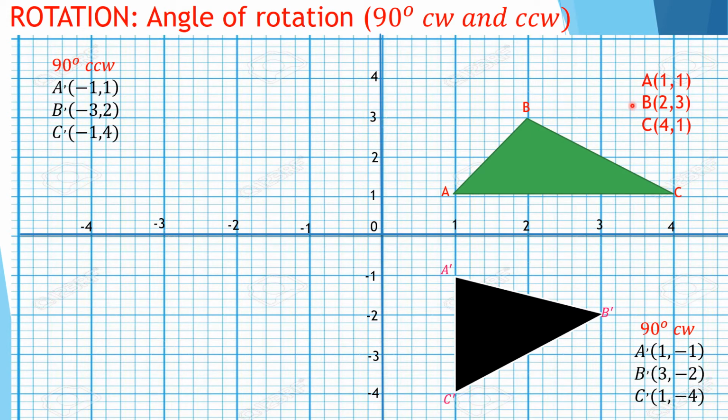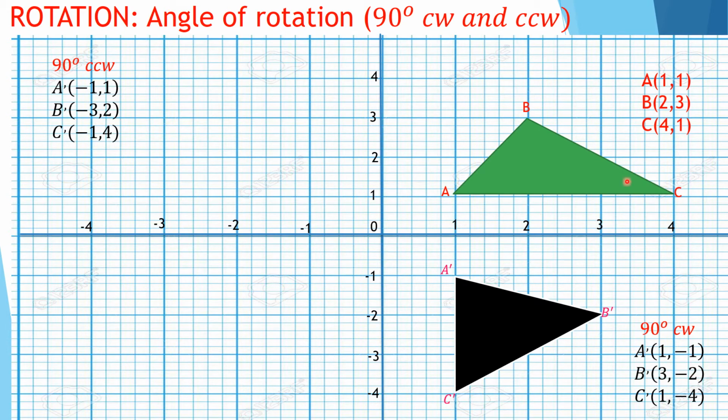Now let me go to B. B is x is 2, y is 3. I will take this to replace this in the prime, and then I'll negate. So B prime is (3, -2). This 3 now becomes the X here, and this 2 here becomes the Y here, but it's negative.